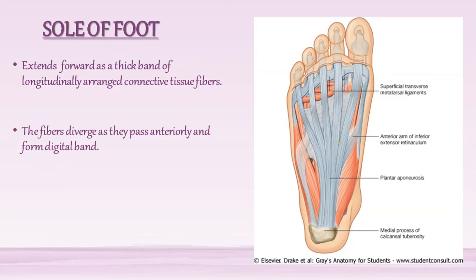The fibers diverge as they pass anteriorly and form the digital bands. These digital bands, along with the transverse fibers, help to take part in the formation of superficial transverse metatarsal ligaments.